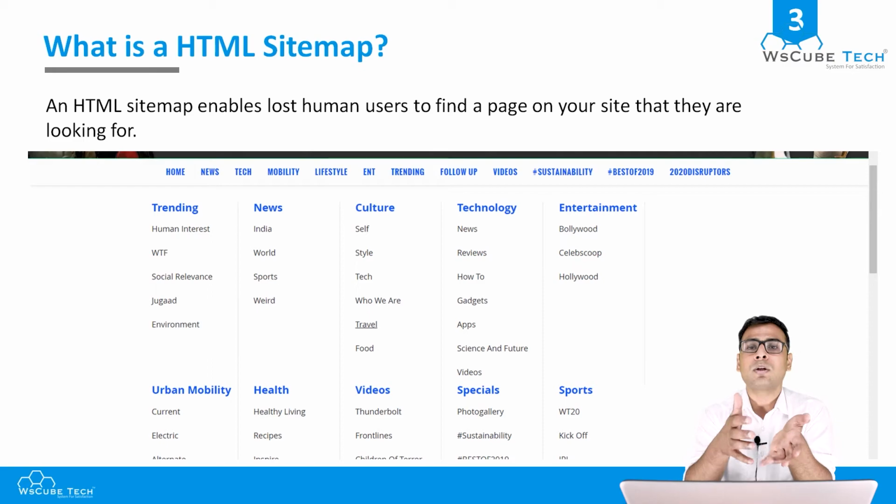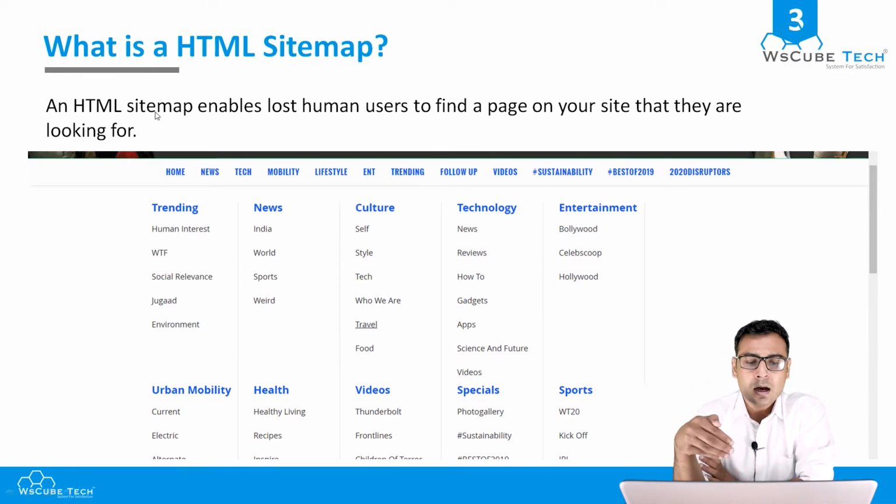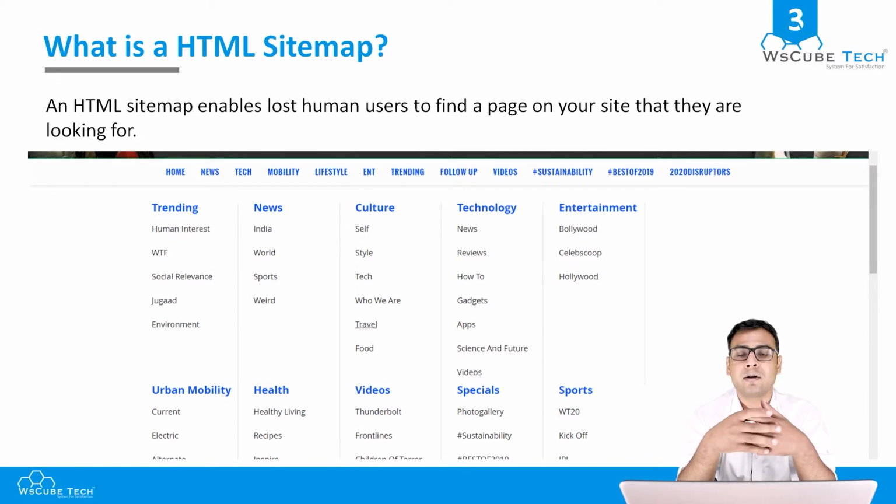Now, if we talk about the HTML sitemap, you can easily see an HTML sitemap enables lost human users to find a page on your site that they are looking for. So it is not for the crawlers, it is for the humans. The XML sitemap is not visible to humans, right? It is not present anywhere on the web pages of the website. You have to find it some other way.